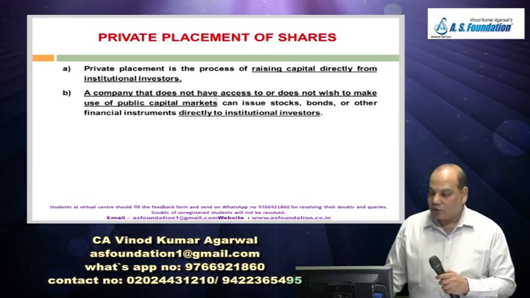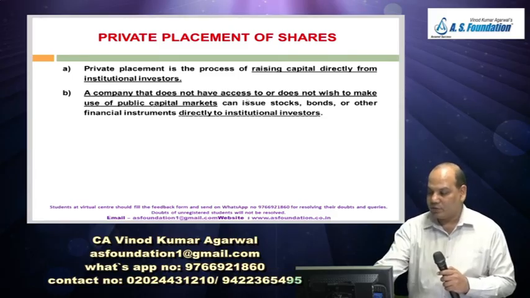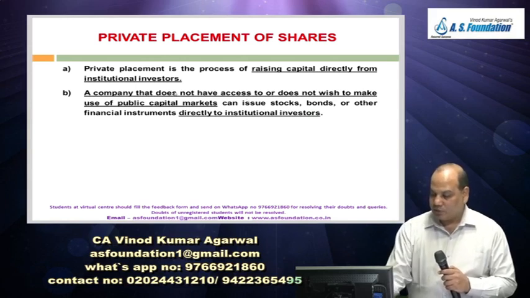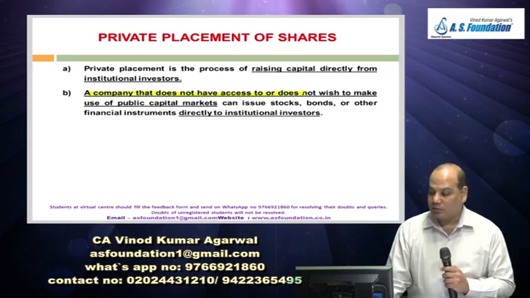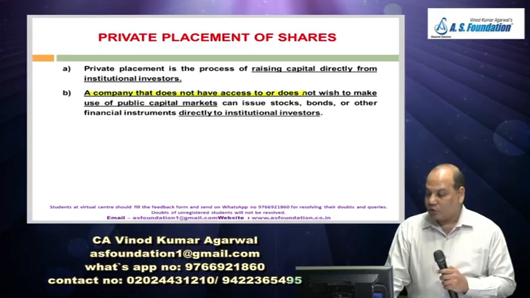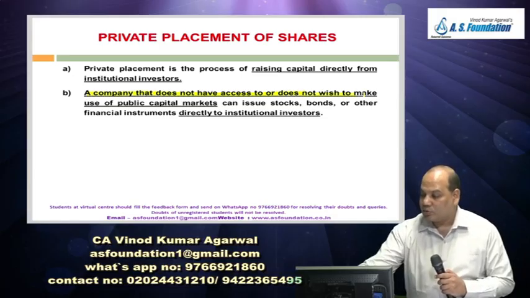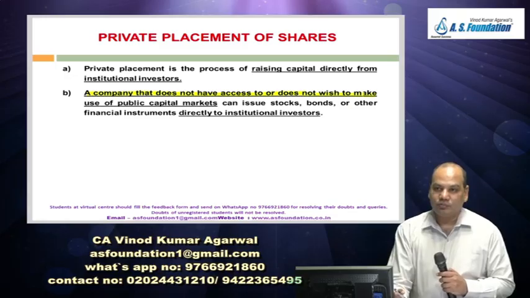A company that does not have access to... now why will a company go for private placement? Sometimes a company may be a new company. The general public may not know that company, may not be aware of its working, management, product. Or they may not want to go for an IPO also.